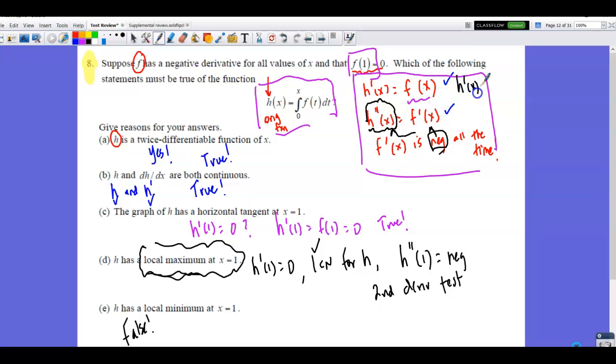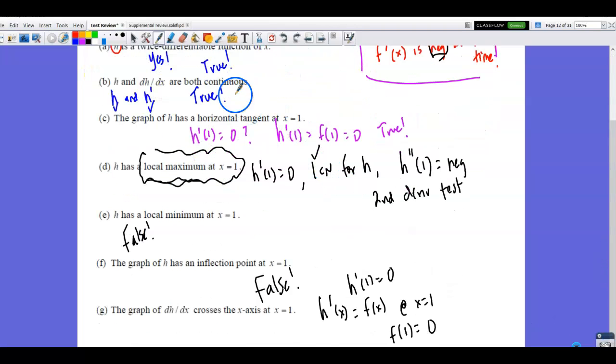Remember h prime is f. If h prime or f is decreasing, then yes, there has to be an x-intercept because we're hitting 1, 0. So before that, the y values had to be positive, and after that, they had to be negative. So that last statement would be a true. Those are really good thinking questions.